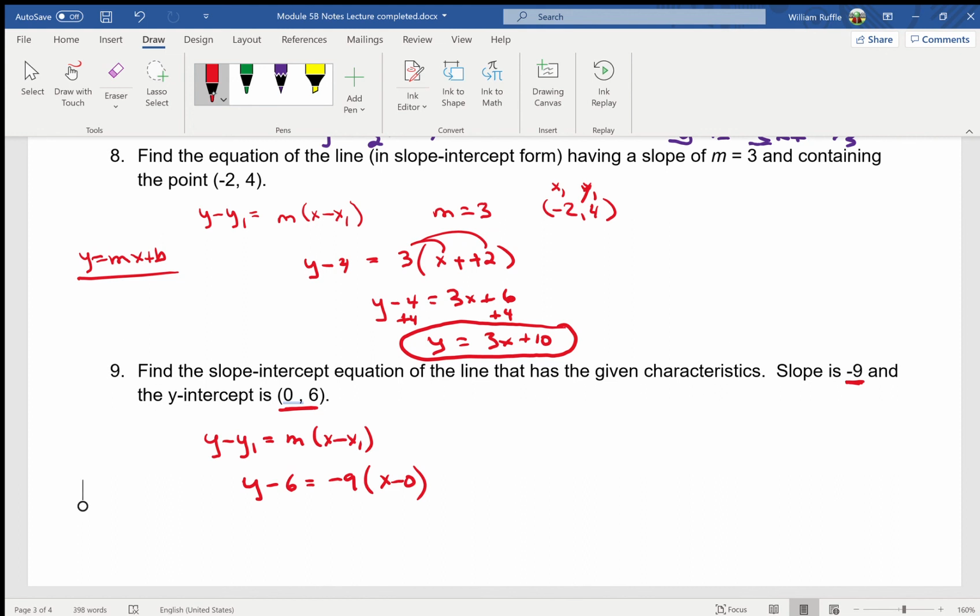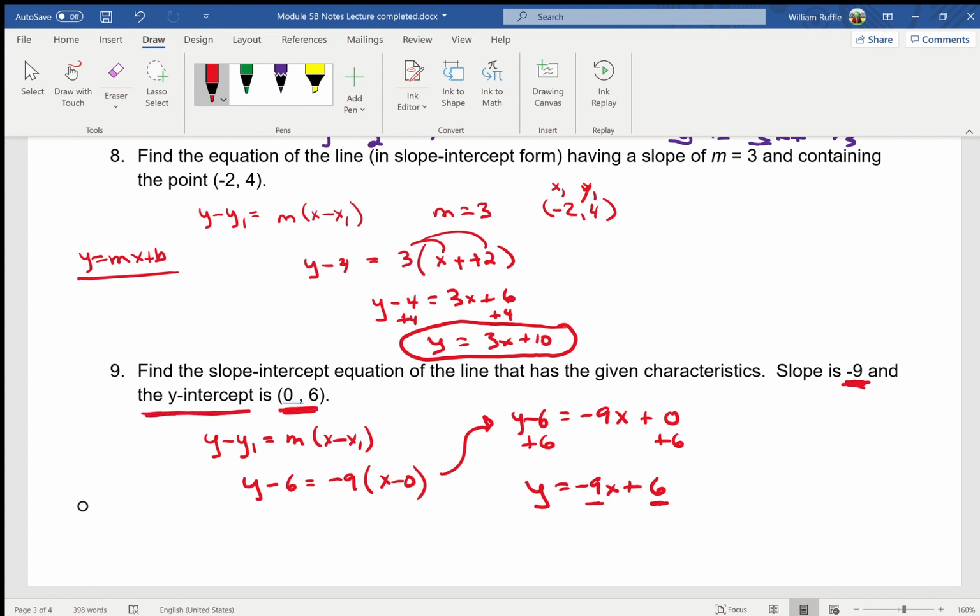So if I write this out again, y minus 6 equals negative 9x plus 0, because negative 9 times 0 is just 0. To solve for y, I have to add 6 to each side, so I get y equals negative 9x plus 6. Now if you notice, the slope is negative 9 and the y-intercept is 6, and that's what was given.